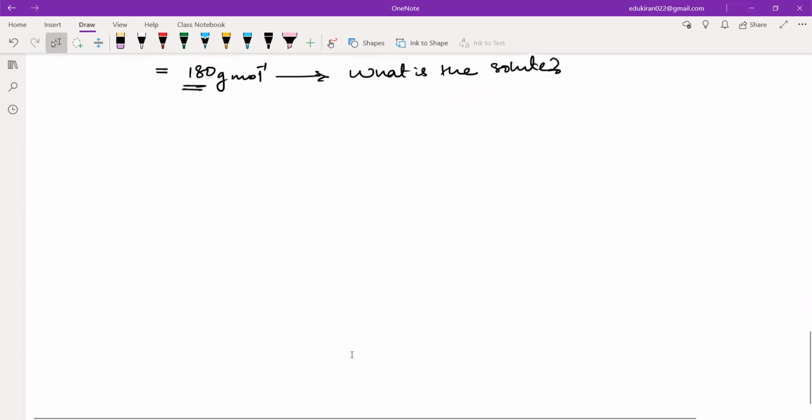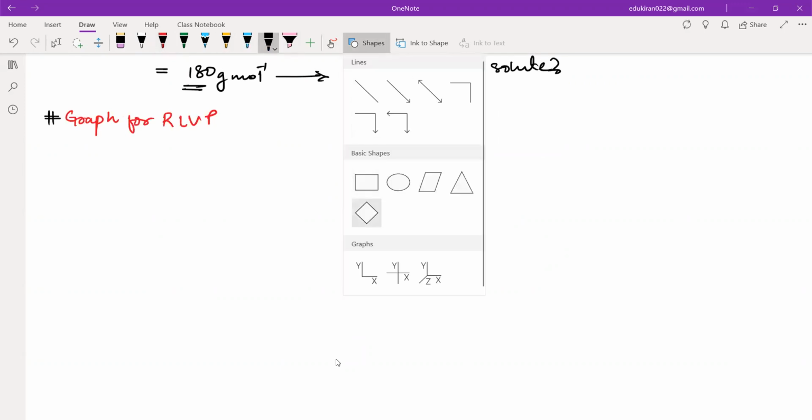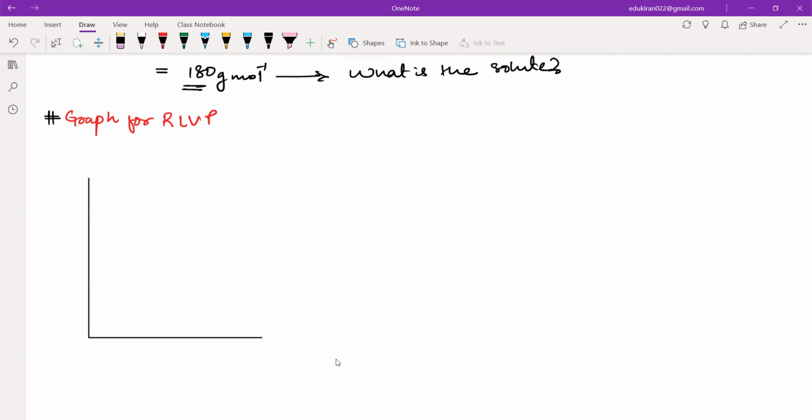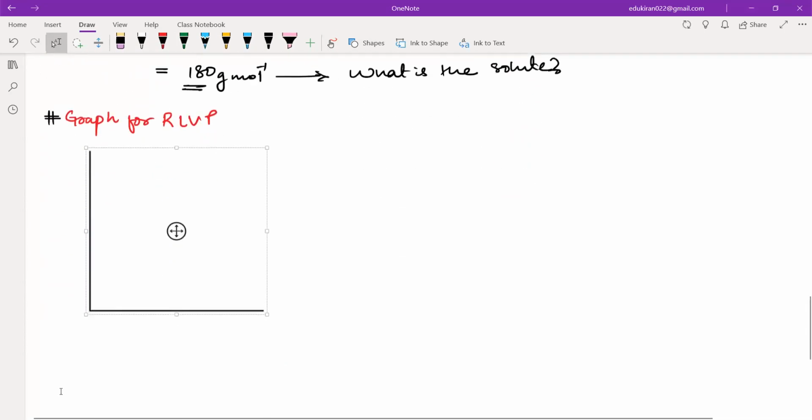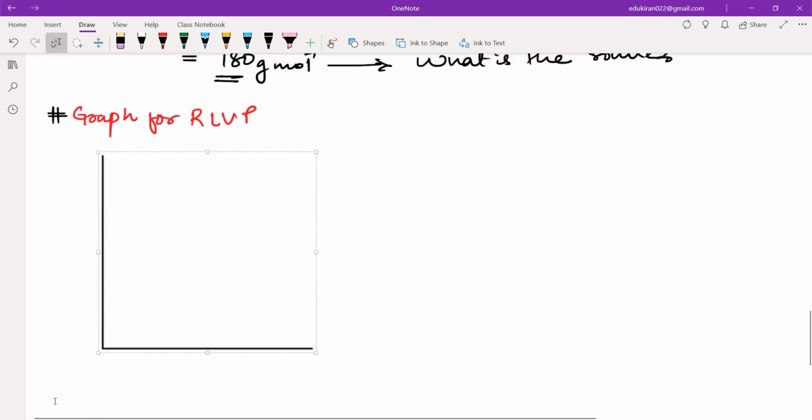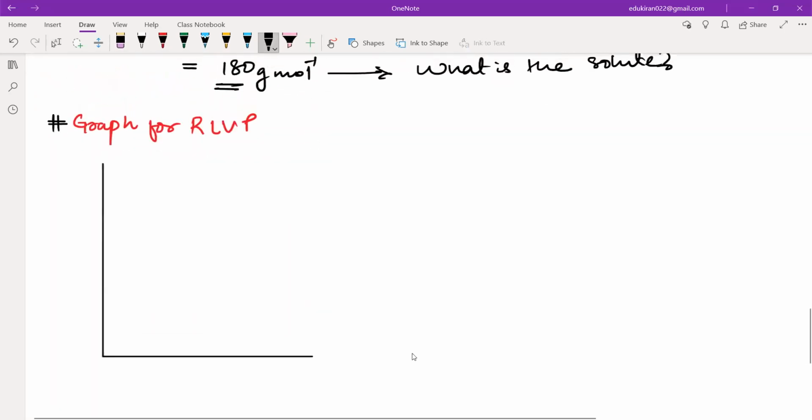Okay. So there is one thing that we will make a graph. Graph for RLVP, relative lowering of vapor pressure. Now in this graph, we will plot against.